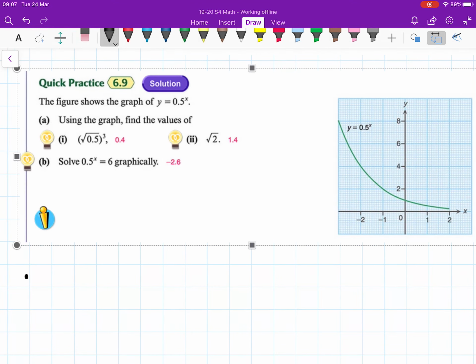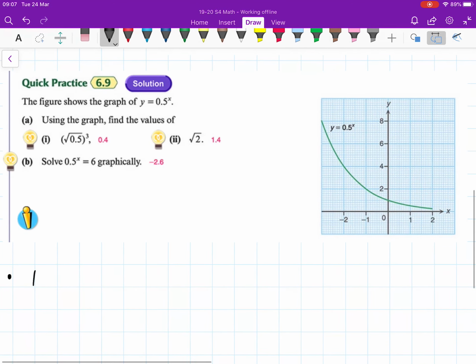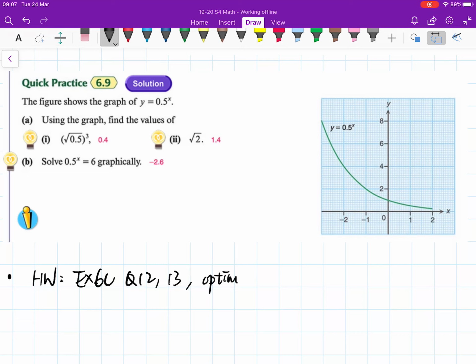And for today's homework, that is exercise 6C, question 12, 13, and there is one optional question, that is question 22.